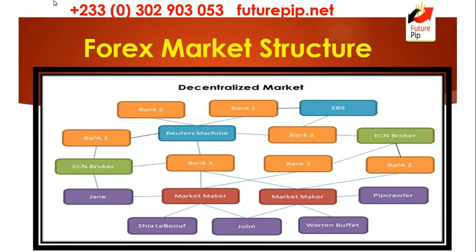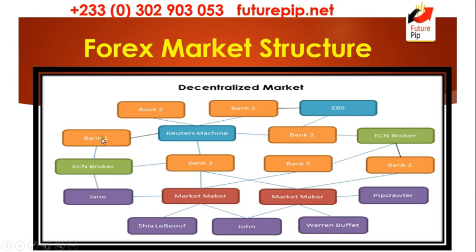The market is a decentralized market. So for instance, I have Jen, Shirley, John, Warren Buffett, Pip Crawler, and these people are categorized under retail traders. And then I have ECN brokers, which are big brokers. I have market makers, which are also part of brokers.